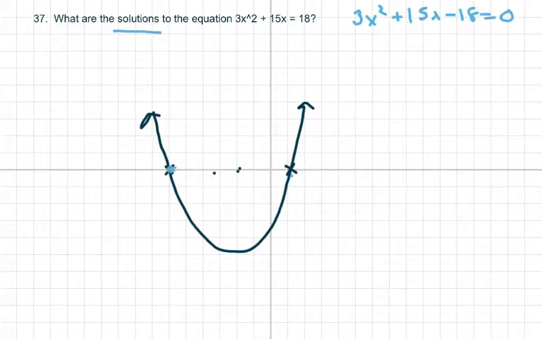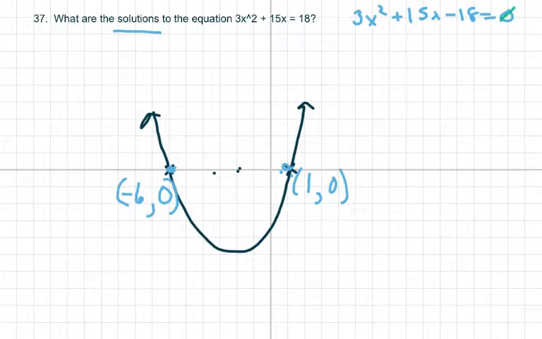So right here, when I looked in my calculator, I got when y is 0, x is negative 6, and y is 0 here, x would be 1. And that's just graphing it, but I let this be y and plug it in the calculator and see where my y would be zeros, or you could look on the table.